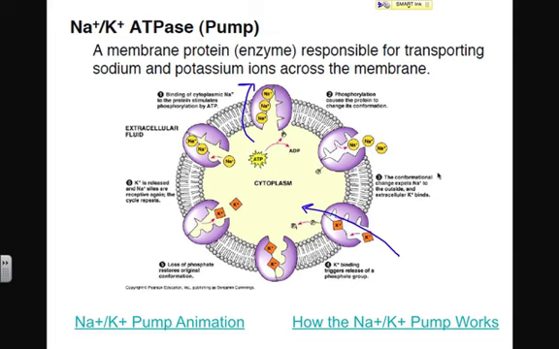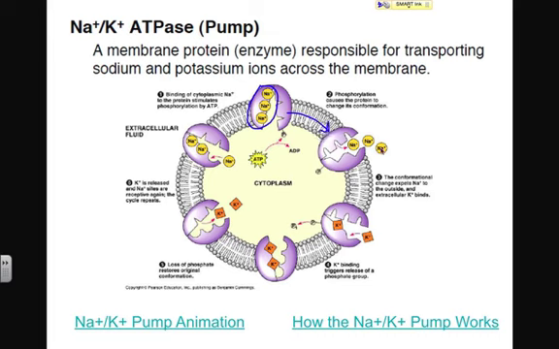So, in the case of the active transport of sodium and potassium via the sodium-potassium pump, we can see that sodium ions bind to the transport protein. ATP is hydrolyzed. In this case, when ATP is hydrolyzed, a phosphate group is added to that transport protein. That causes the shape of the protein to change. Hopefully you can see that here.